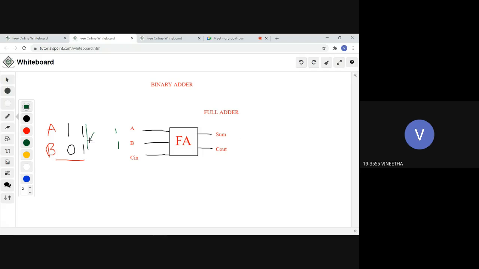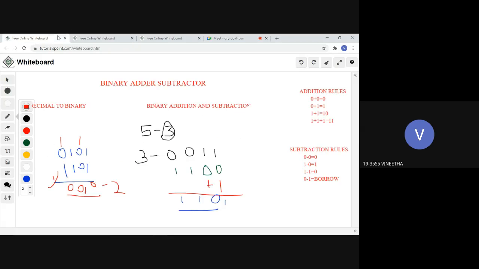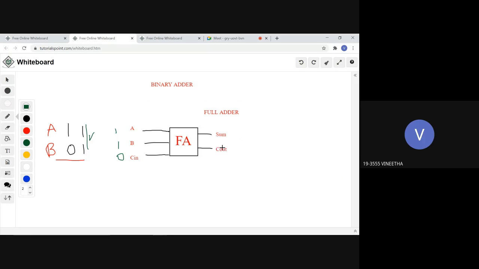And over here, as we have no carry, our carry in would be 0. So A plus B, that is 1 plus 1, would result in 1, 0. That is, our carry is 1 and sum is 0.